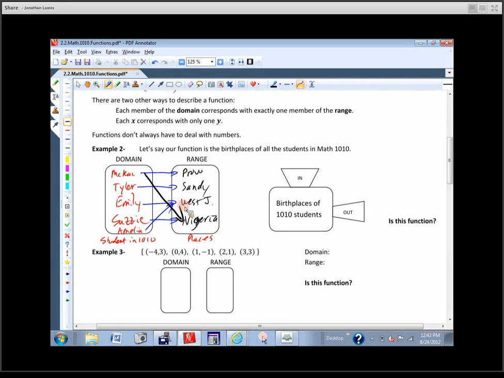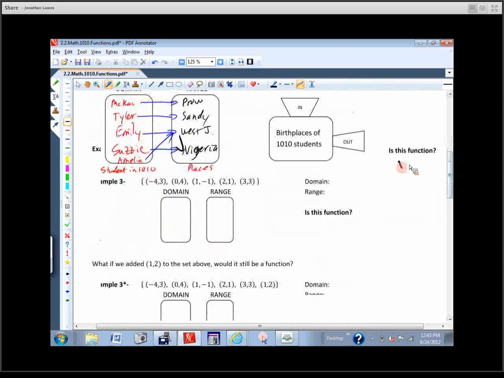Okay, so there's something wrong with that. That's that consistent part. We don't want to ask McKay on Friday, hey McKay, where were you born? And he says Provo. And we come back on Monday and say, McKay, where were you born? And he says Nigeria. Okay? There's only one answer for each number that you plug in or each person that we plug into this. Does that make sense? Okay, so the answer to this one is yes, that was a function.